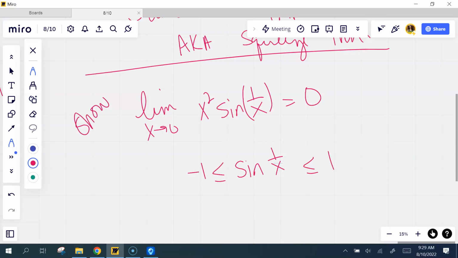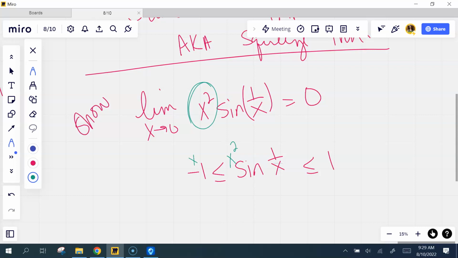So here's what the sandwich theorem says. You take what you know, you squeeze it between these two values. The reason I do this is because x squared is a pretty basic function, right? If I add an x squared here, I'm going to do it to all sides.